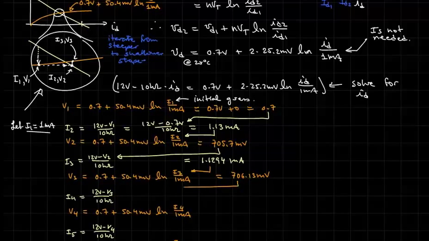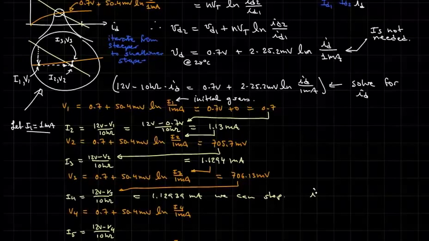We plug that into our I4 equation, yielding 1.12939 milliamps. And we can see that at this point we can stop, right? Because ID is 1.1294 milliamps, and that's good enough.